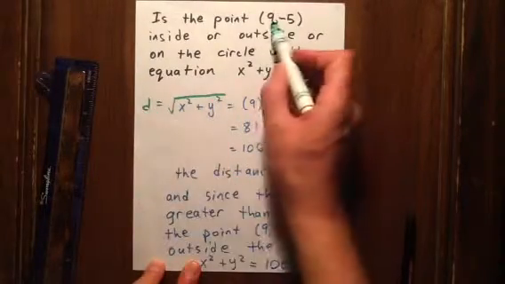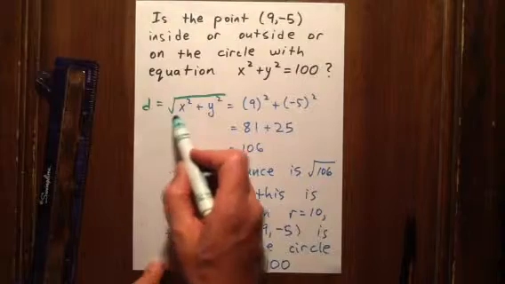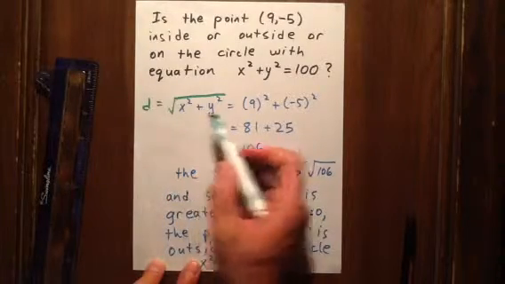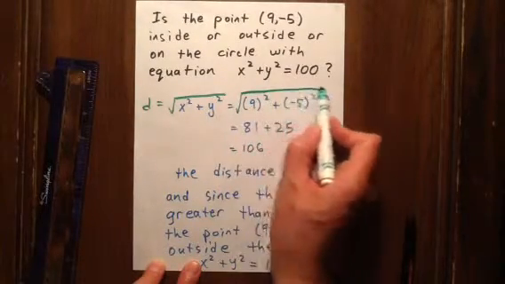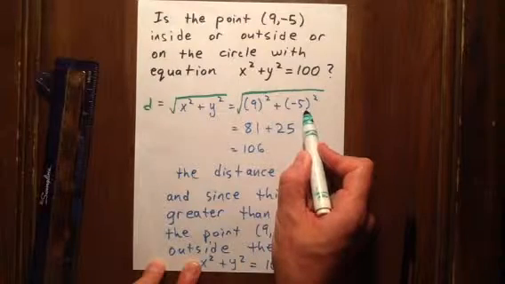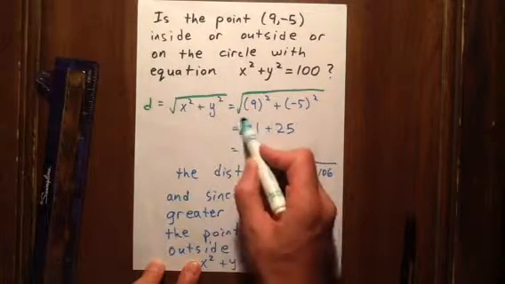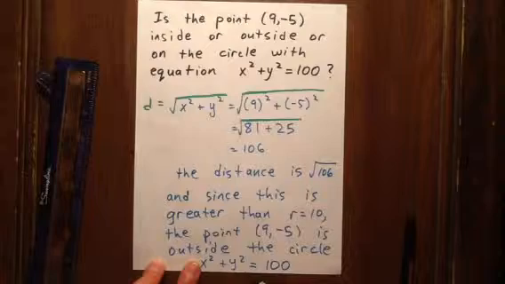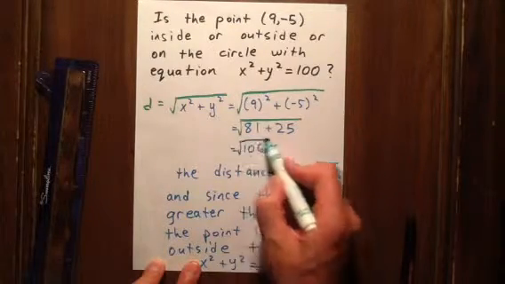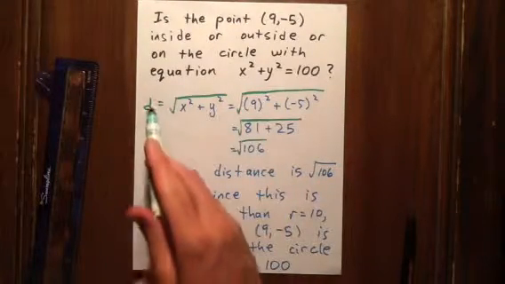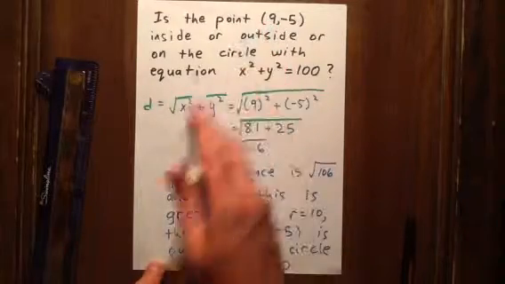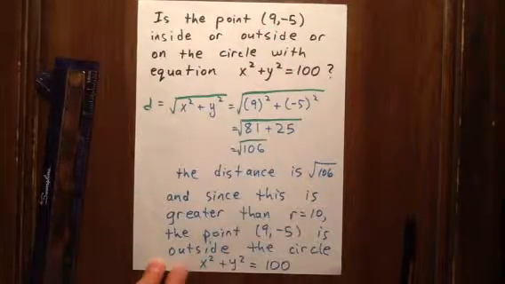The distance of the point 9, negative 5 from the origin is given by the square root of x squared plus y squared, which is the square root of 9 squared plus negative 5 quantity squared, which is the square root of 81 plus 25, which is the square root of 106. So the distance of that point to the center is square root 106.